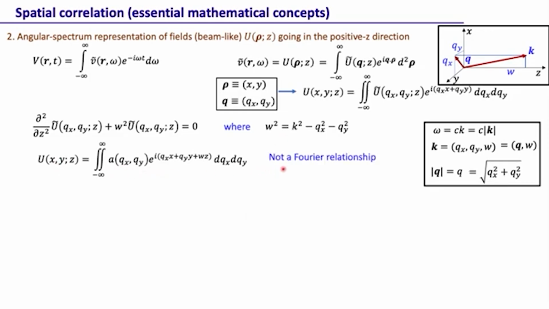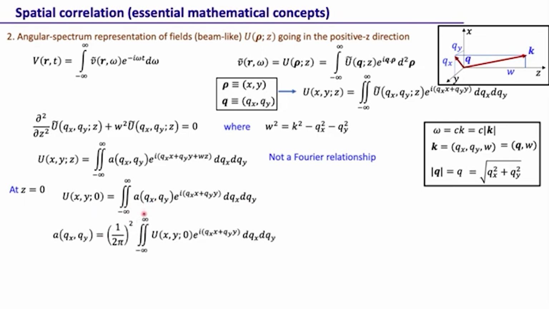Now we see that this is actually not a Fourier relationship. This is because of the presence of this wz; it is not a Fourier relationship. But if we look at this equation at z equal to 0, it's actually a Fourier relationship. That is, u(x, y, 0) is A(qx, qy) times this quantity, integrated over dqx dqy. So this is just a very nice two-dimensional Fourier transform, and if we invert it, then we can write A as a Fourier transform of u(x, y, 0).